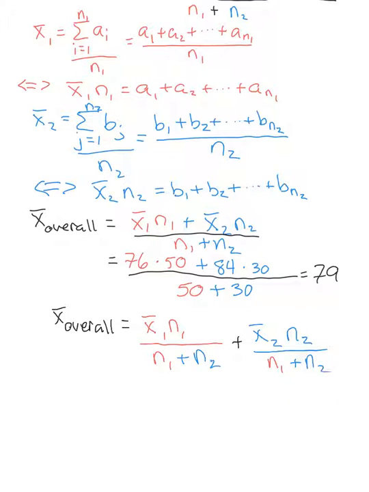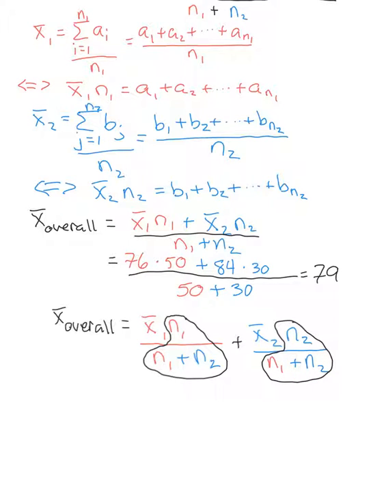Now if you take a look at this formula, you will notice that there is a ratio here. So we have a ratio over here, and we have one over here. Now, this ratio tells us the proportion, kind of like the weight that we want to give to the average in the first class, and this one tells us the weight that we want to give to the second class.